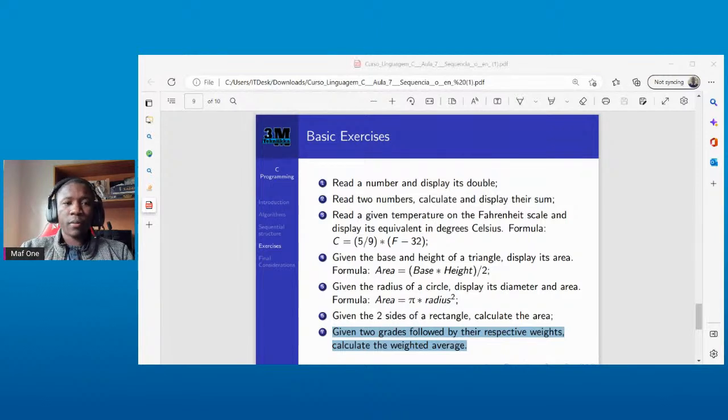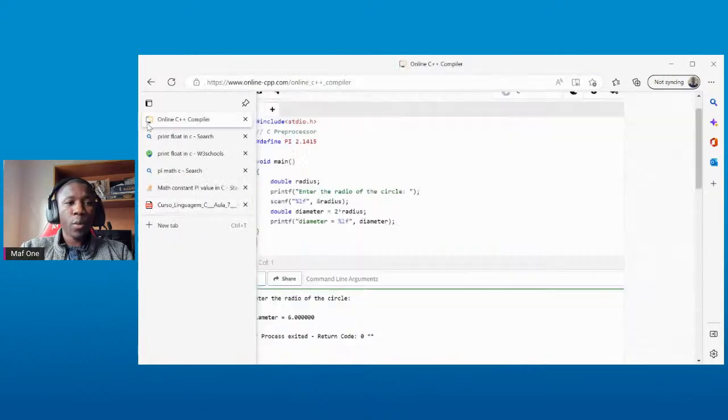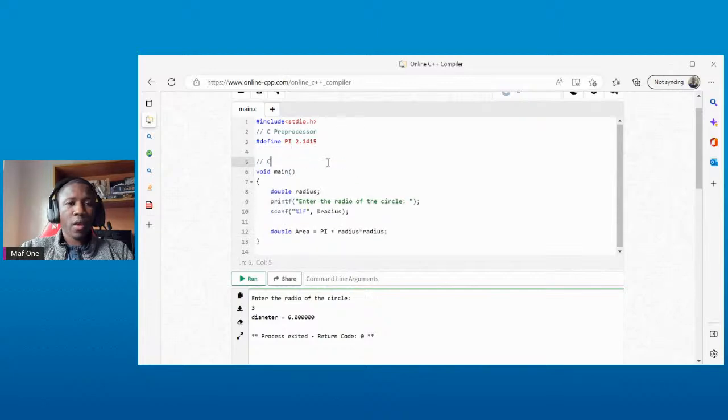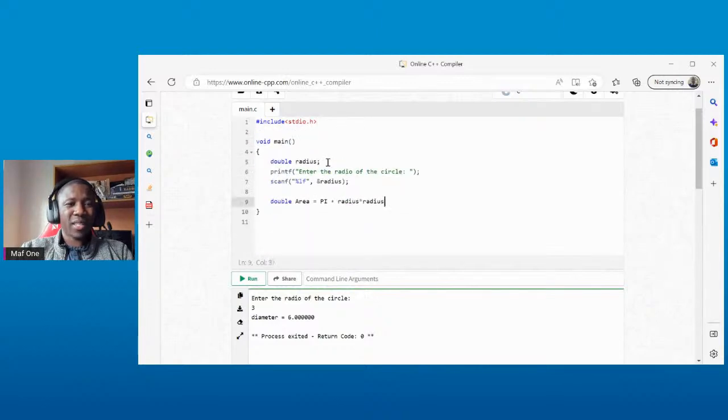I forgot to show you something very important. For example, if you don't want to define this pi, you have something like, let me go back. That's my pi. Yeah, I forgot the name of the variable, and I need it.